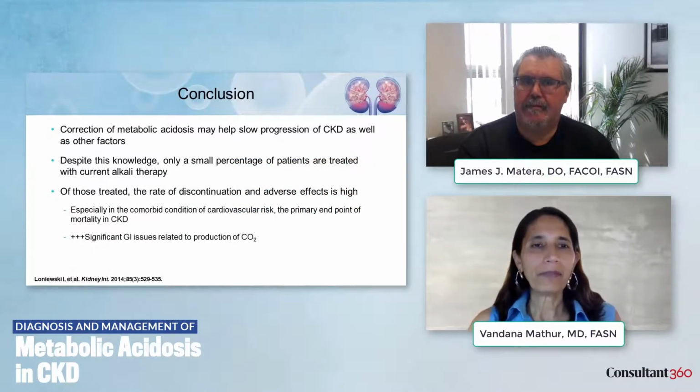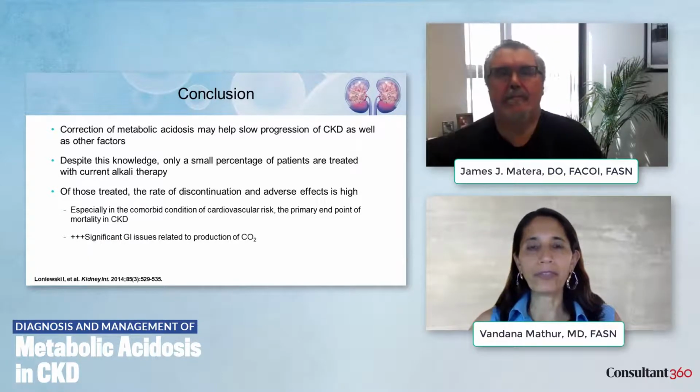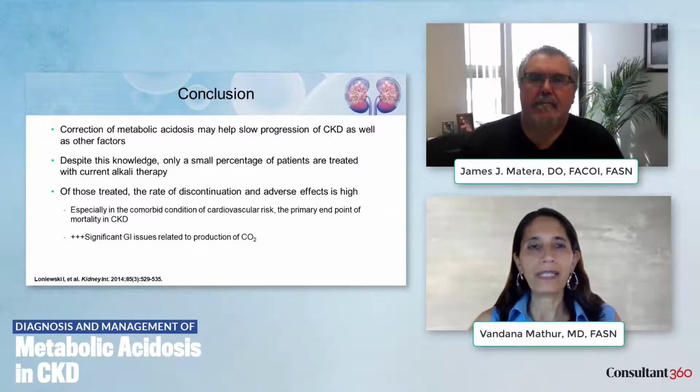Okay, so I think what we have learned from the available data is that correction of metabolic acidosis may help to slow progression of chronic kidney disease, as well as improve other comorbidities related to muscle and bone loss. Despite this knowledge being present since 2012 when KDIGO guidelines were last updated, and the data that has been published since then, only a small percentage of patients are actually being treated today with alkali treatment.